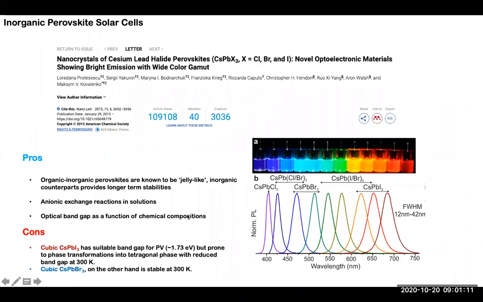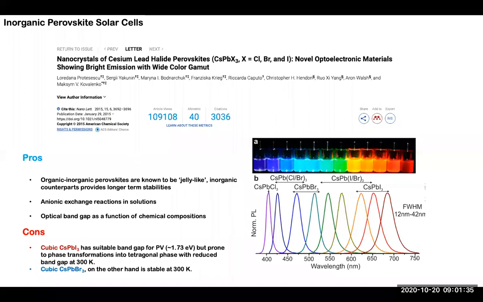And in particular, we are working on the inorganic perovskite solar cells. The reason why they are hot: all the materials have pros and cons. For example, this all first started as a hybrid material, the organic-inorganic hybrid perovskites.